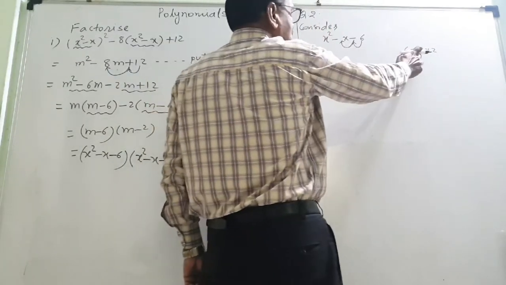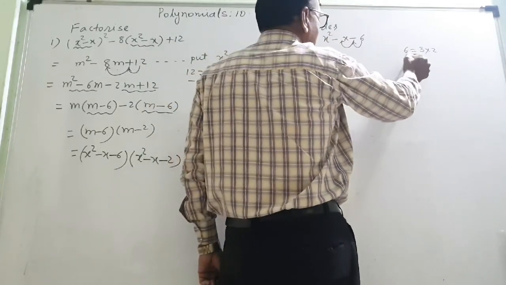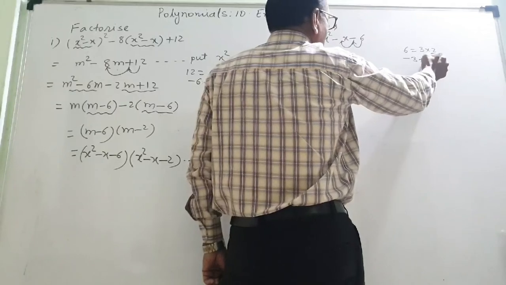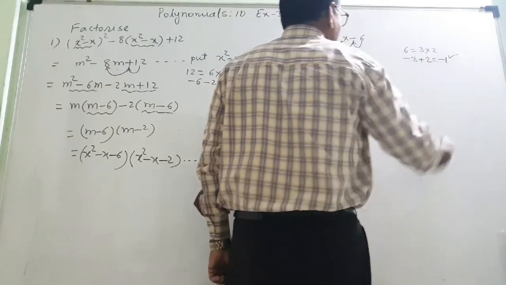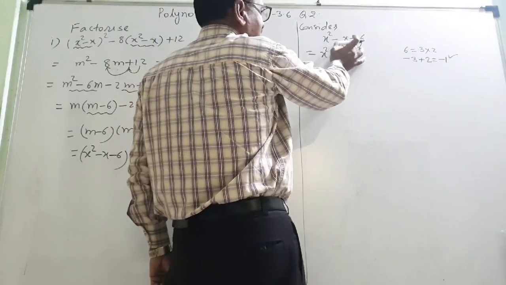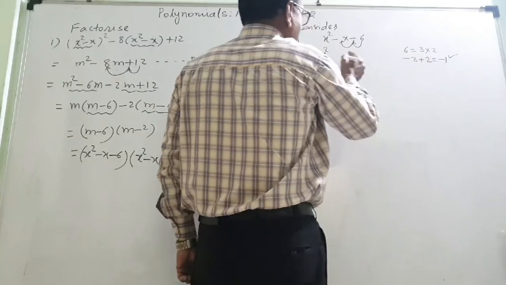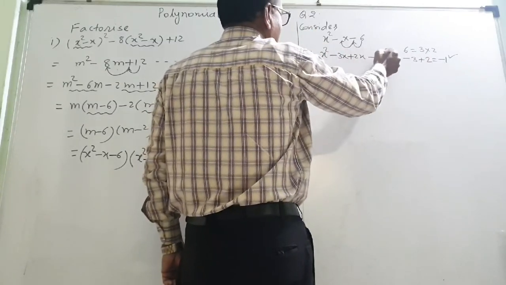Subtraction I want to do means one should have the plus sign, other should have the minus sign. So bigger I will give minus 3 and the smaller I will give plus 2. So this will be minus 1. My purpose is over. So here I will write x square, for this minus x I will write minus 3x plus 2x, and minus 6.